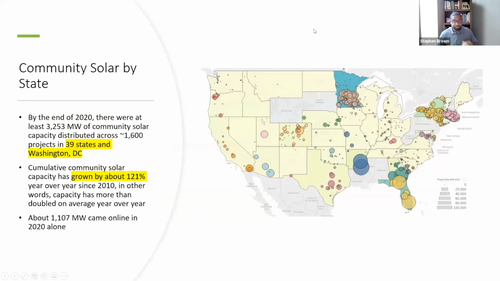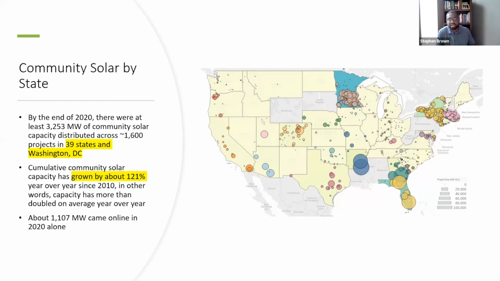So where is it? Here you'll see, on a state-by-state basis, there are about 39 states that have some type of community solar projects in them. Of those 39 states, 20 actually have laws in place to really incentivize community solar.